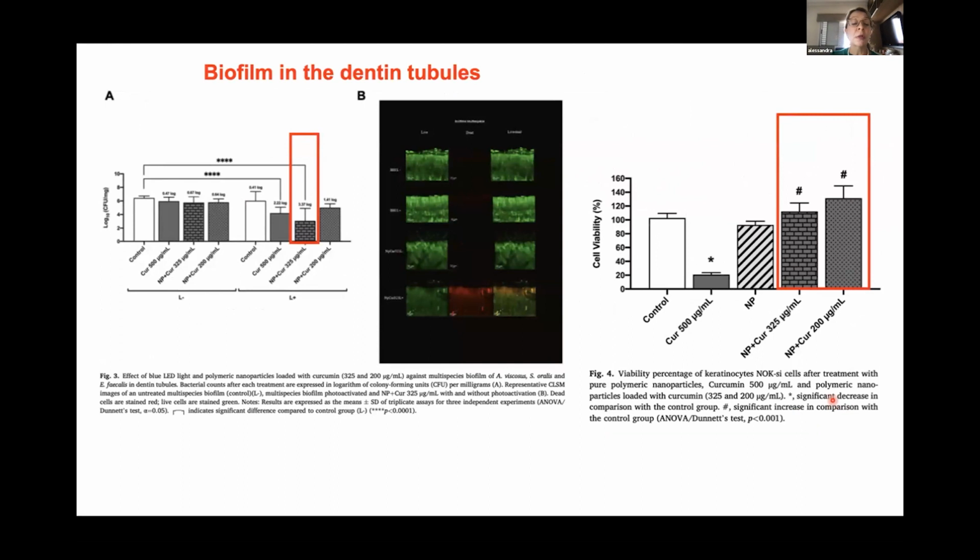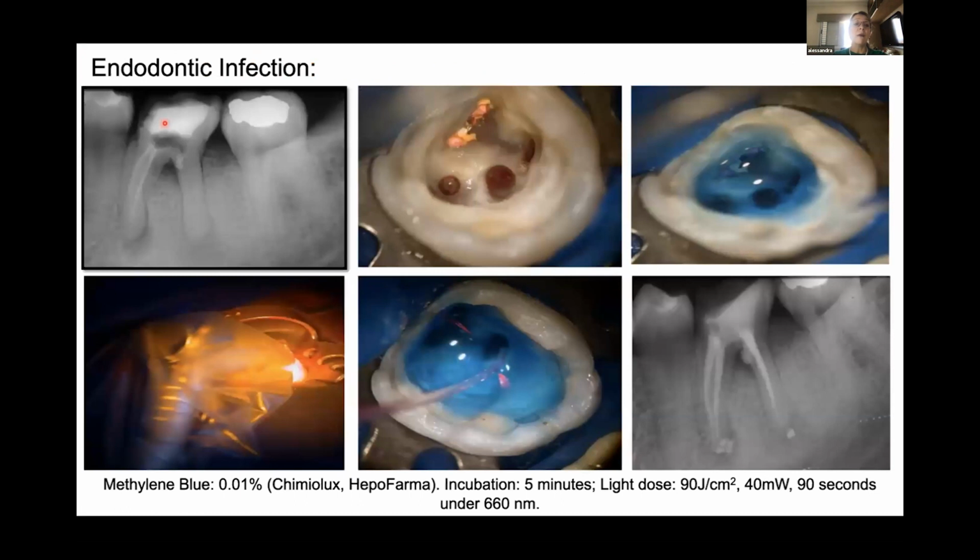So, of course, for all of these results that I am showing right now, we needed to pay attention to the parameters that we are using, because all of them, like the light doses, concentration of the photosensitizers, type of the photosensitizers, and incubation time can directly affect the results of the different studies.